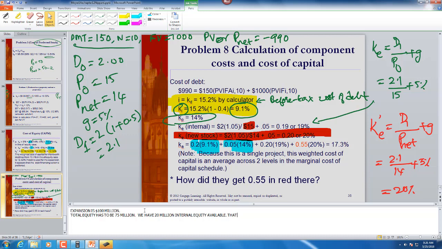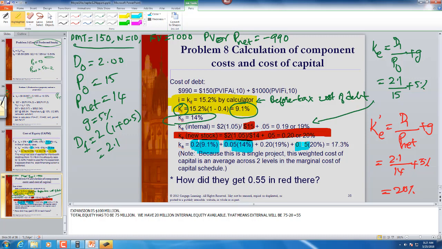That means external is the costlier one. Whatever we cannot raise internally, we use external, which is 75 minus 20 equals 55. That's how they got the 55 million here.